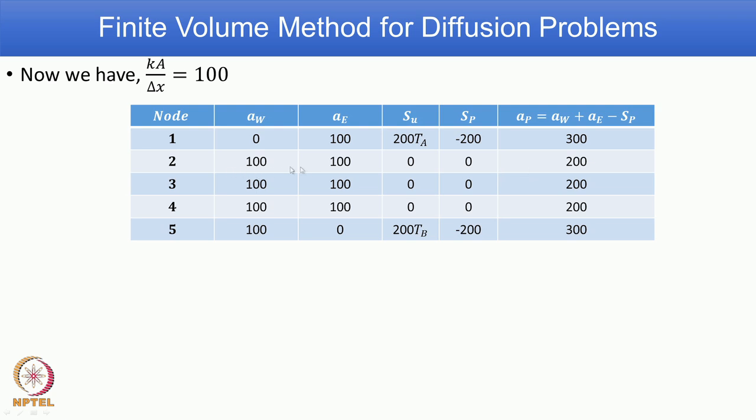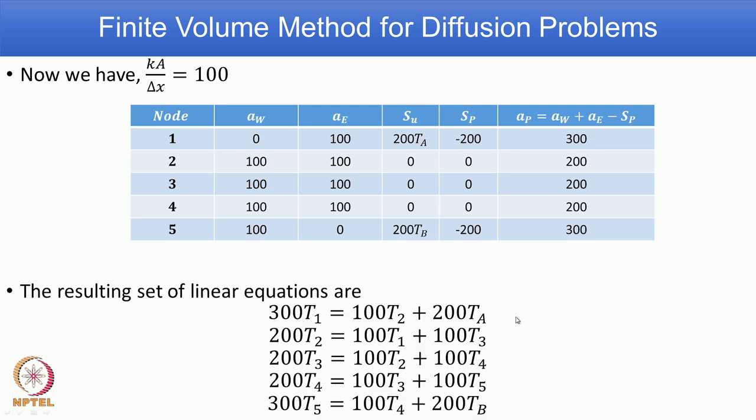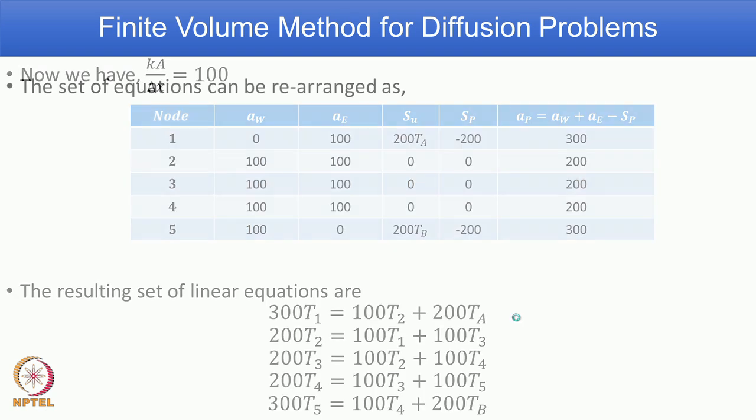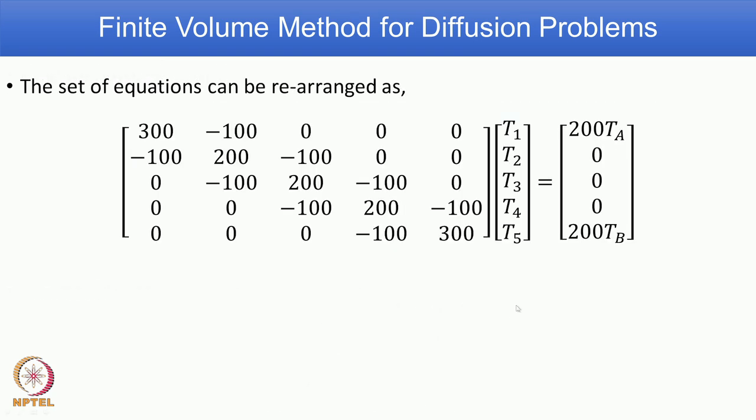So, for example, 100 plus 100 equal to 200, you are also able to cross check, right. Now, this minus S P is 200 here and that is added to 100, you get 300 here. So, if you write this set of linear equations in the form of a matrix, then you will get a matrix and you can get a structure like this, right.